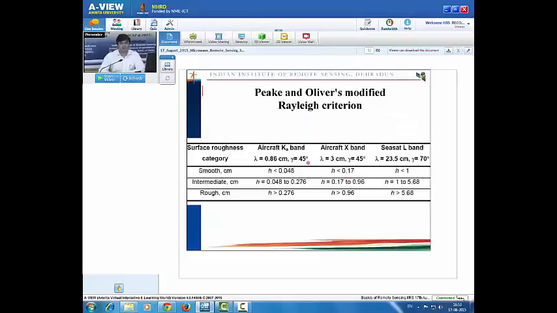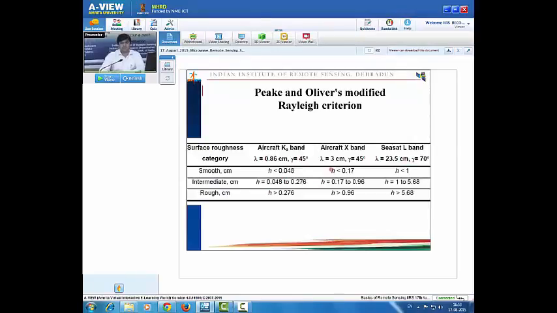Now this is the comparison between the smooth surface and the rough surface criteria for different wavelengths with different depression angles.